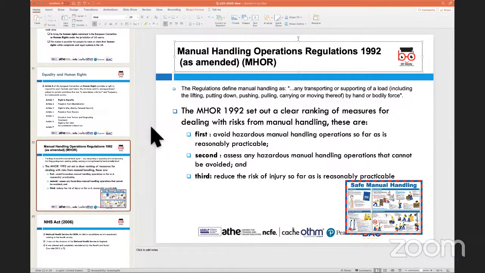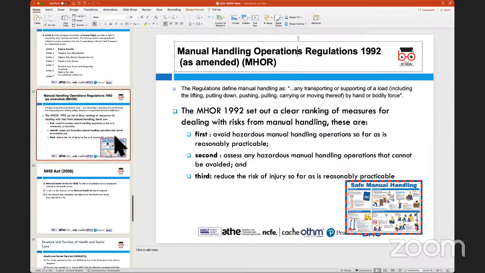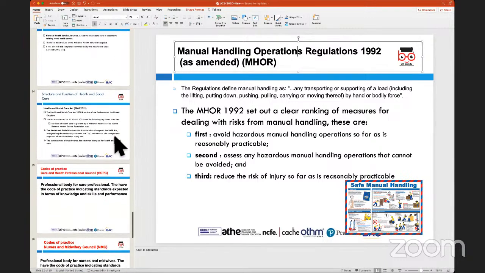And in cases where it is required, proper training is given to employees, which is staff, nurses, social care workers, any operators or workers within this sector, in terms of how to carry out these tasks safely. And that is what this particular piece of legislation ensures.